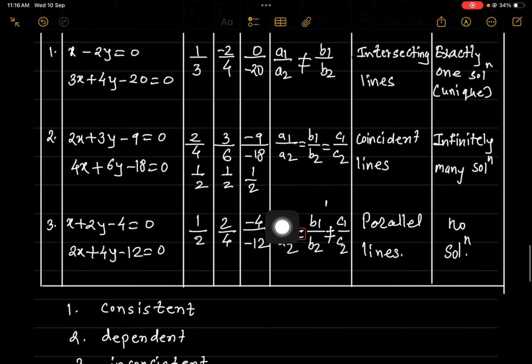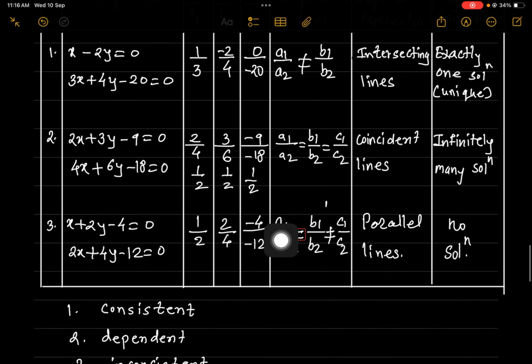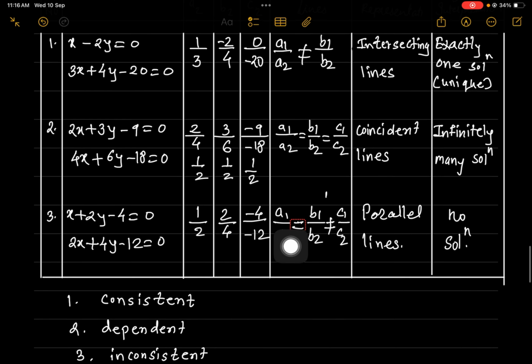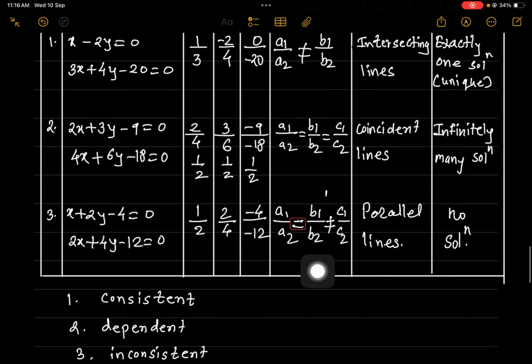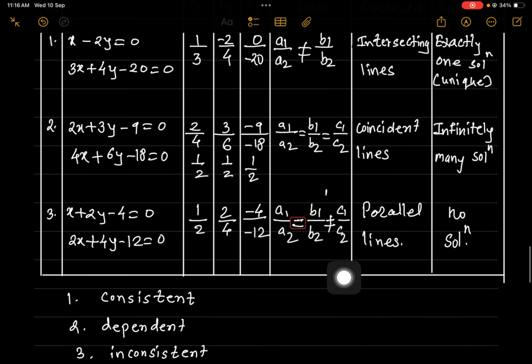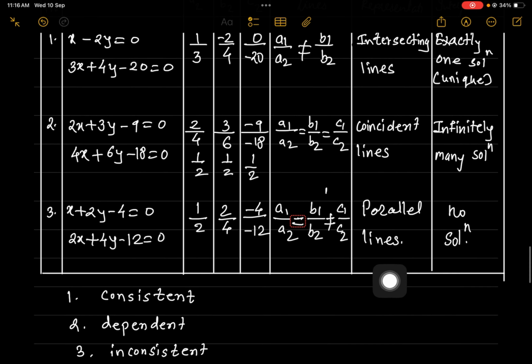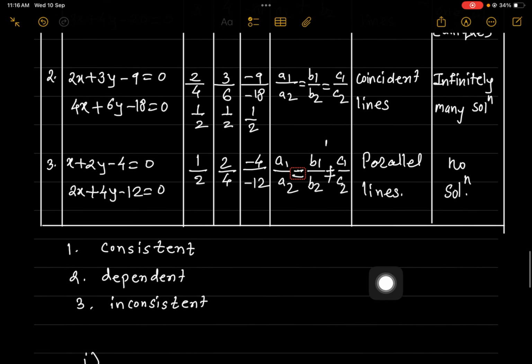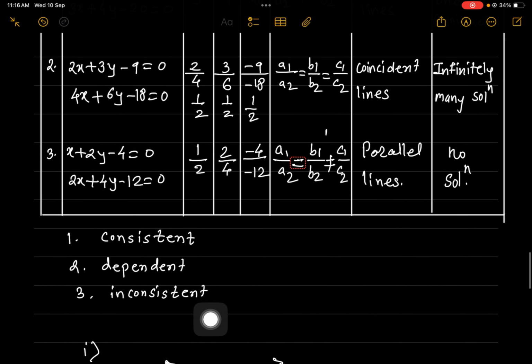These two are equal, but here see minus plus, and 4 upon 12 means 1 upon 3. This is not equal. Only a1 upon a2 equal to b1 upon b2 is equal, and c1 upon c2 is not equal to this. So it is parallel lines, and parallel lines have no solution. So here it is becoming inconsistent.